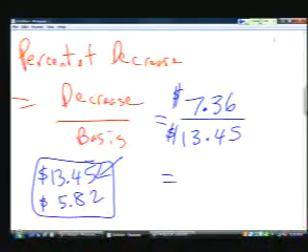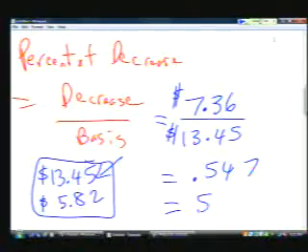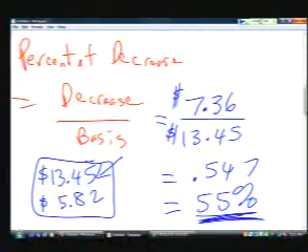Rachel, what'd you get? Press your mic, Rachel. It'll be 55%. It's 0.54721. There you go. And then when we round it, that is a 55% loss.